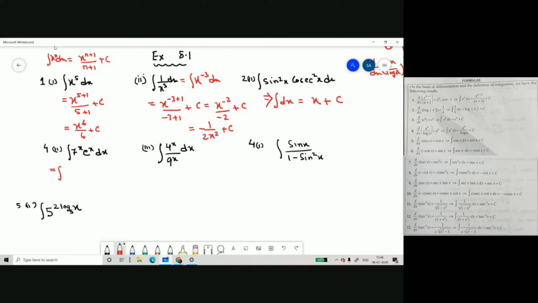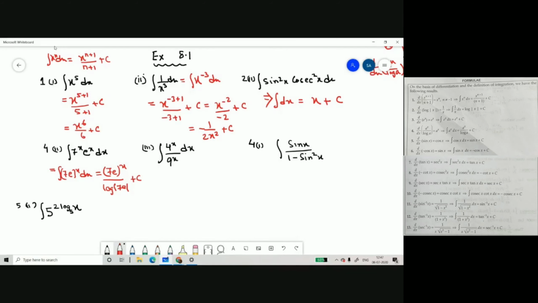We can write this as 7 multiplied by e to the power x dx. Now this is in the form of integration of a to the power x dx. We know this will be a to the power x by log a plus c. Am I clear or not?